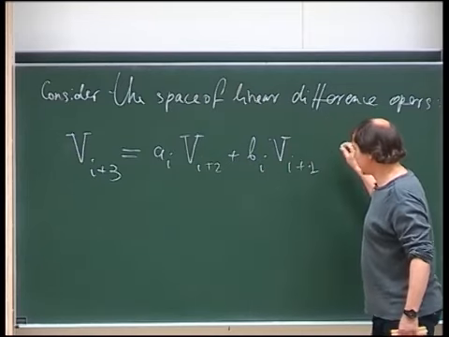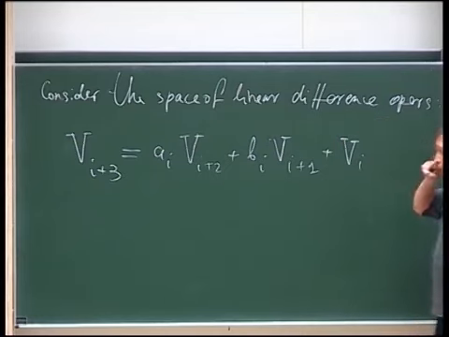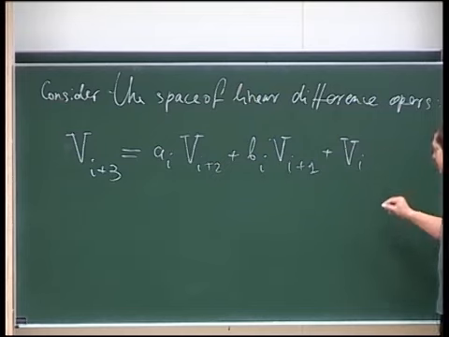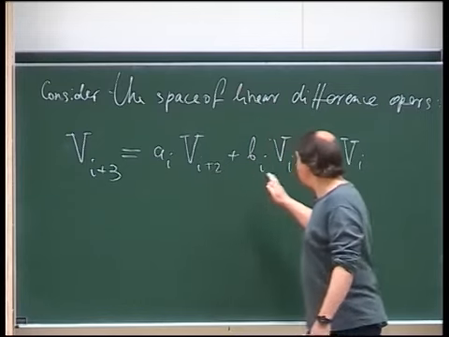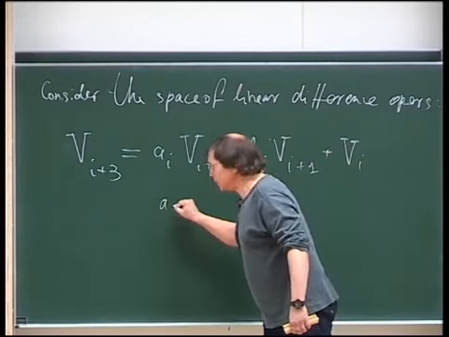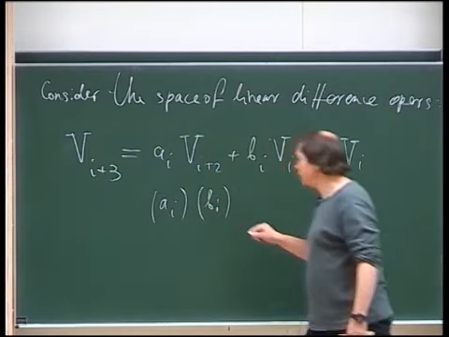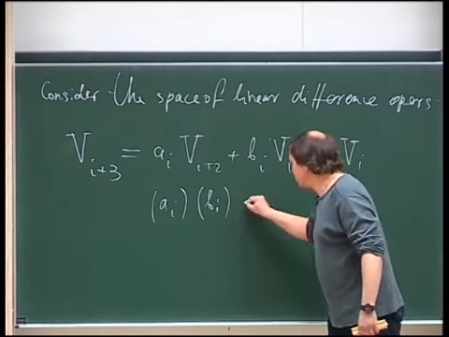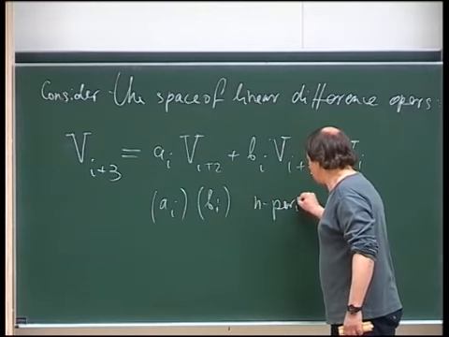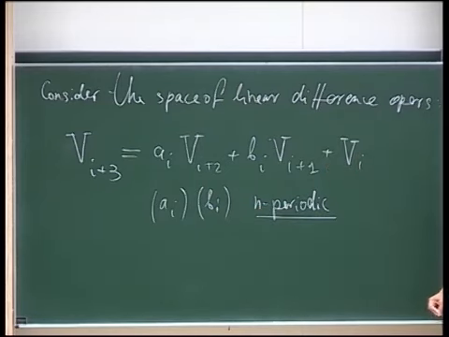A very standard problem. So, well, V_i is a sequence of numbers, and we assume a_i and b_i to be n-periodic. So these are two n-periodic sequences. Very good.